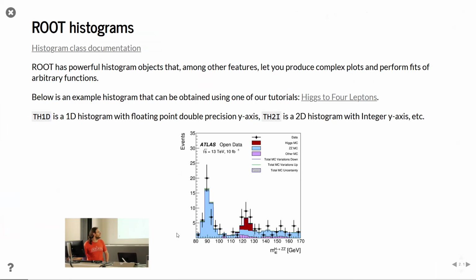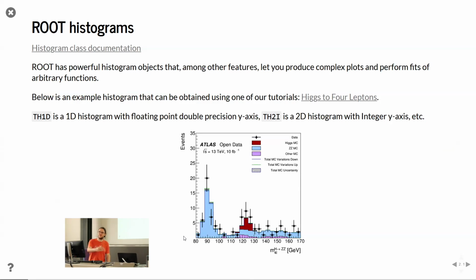But what the Higgs analysis here in the 4-lepton channel did is they didn't compare the data to some function like we did with our TF1 toy analysis, but they were actually comparing the data to simulation. So to simulated data that is then also represented in a histogram. And to visually distinguish them, we are often representing the actual data in these black dots with error bars.